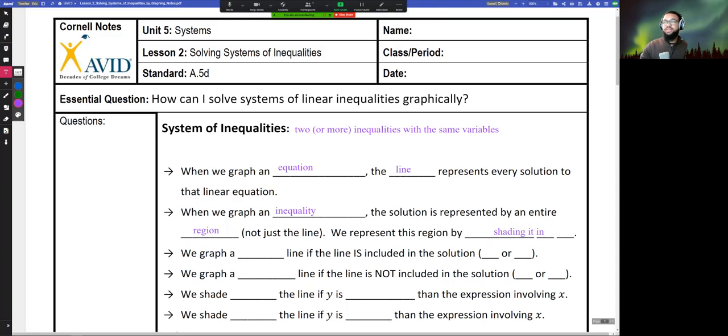When we graph a solid line, that means we graph a solid line if the line is included in the solution, and that's going to be a greater than or equal to or less than or equal to.